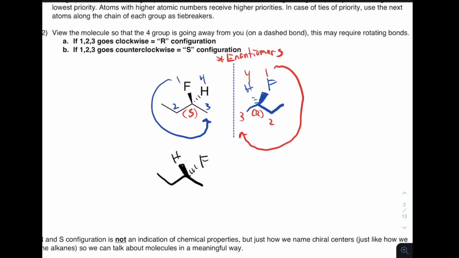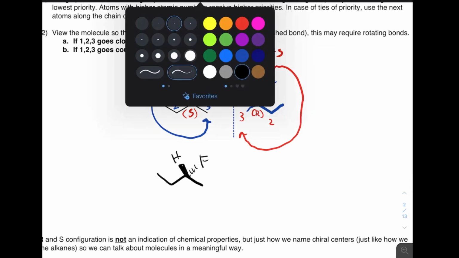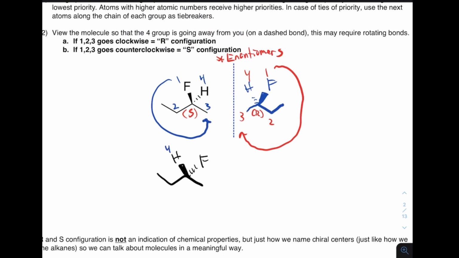And we can prove that to ourselves by numbering it again. So we know that, again, hydrogen is 4, fluorine is 1, methyl is 3, and ethyl is 2. But remember, the 4 group has to be going away from us, so it has to be on a dash bond. Here it's on a wedge bond, so how do we fix that?